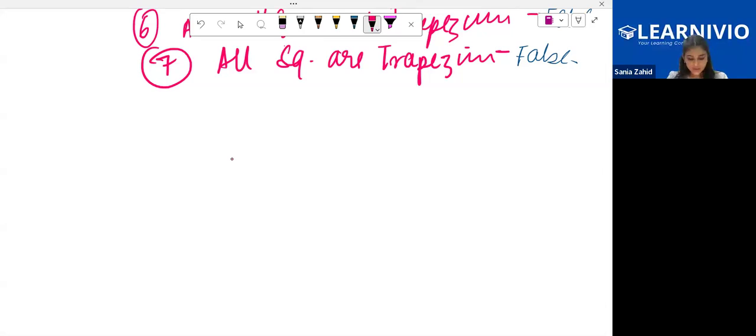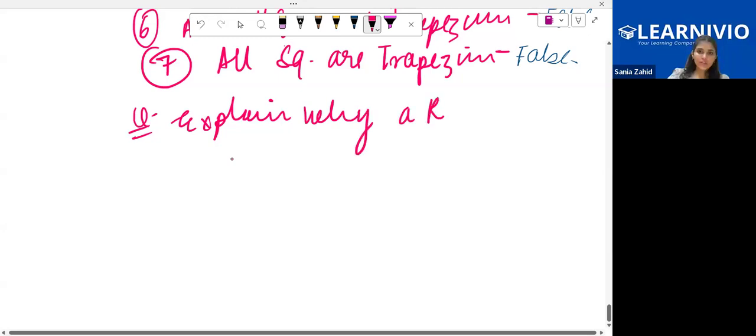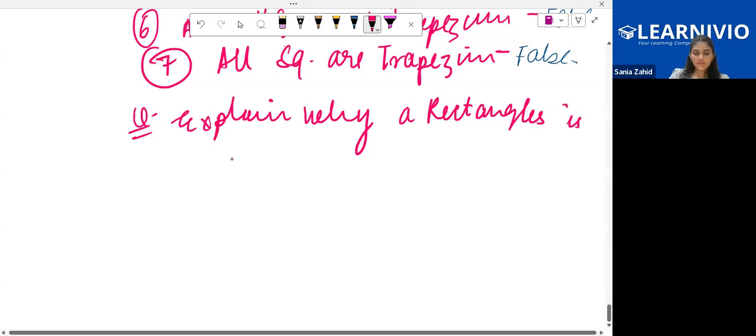Now, the next question: explain why a rectangle is a convex quadrilateral.